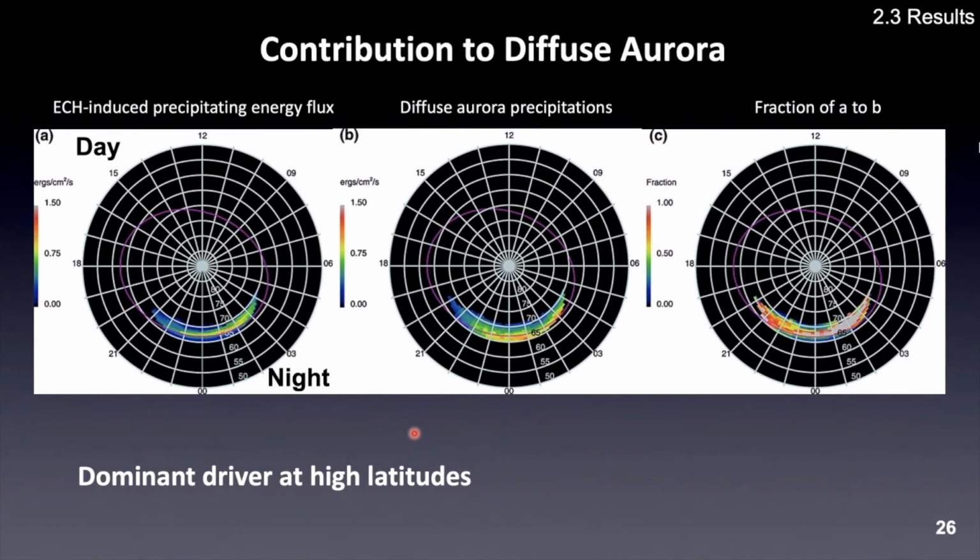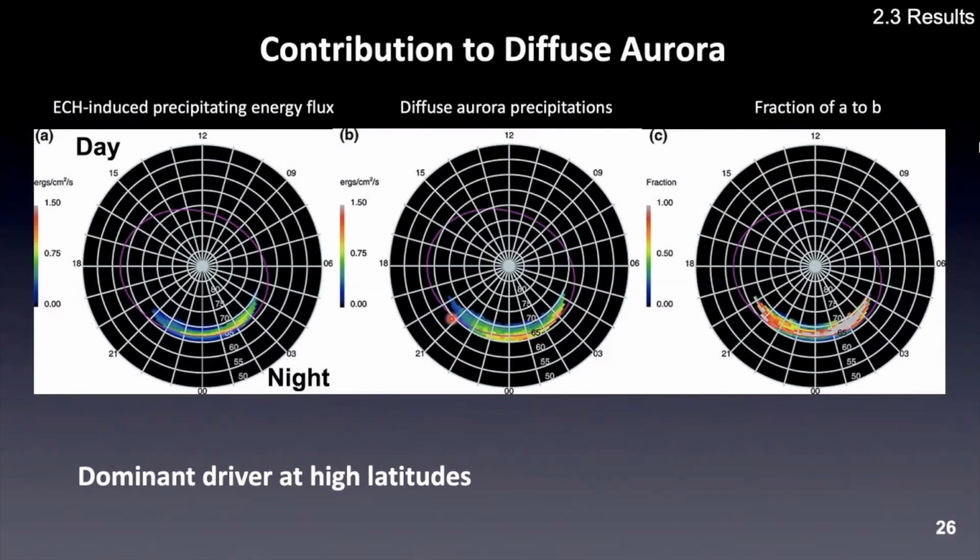And your second question is how to quantify this ratio, right, of the precipitation contribution from ECH waves to the overall diffuse aurora? Sorry, I didn't include it here, but we do have a line plot in addition to this 2D distribution. For this diffuse aurora precipitation itself, we show that more than 50 or close to 60% of energy comes from these higher latitudes.